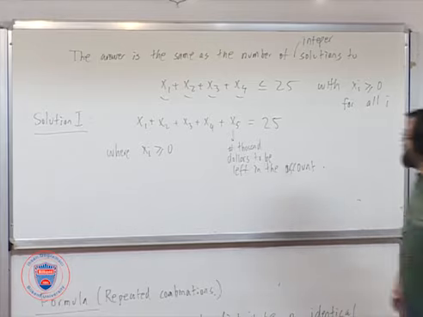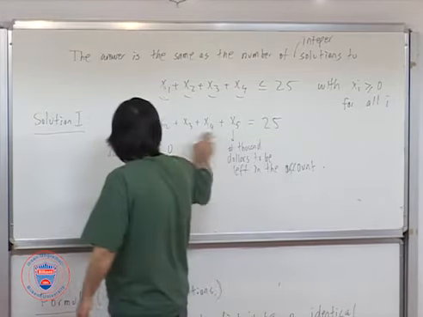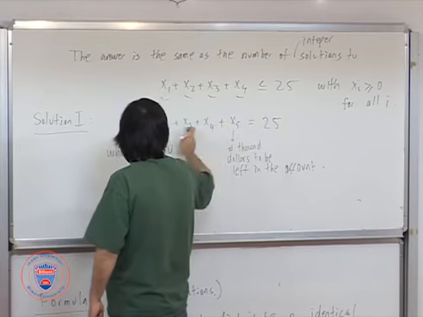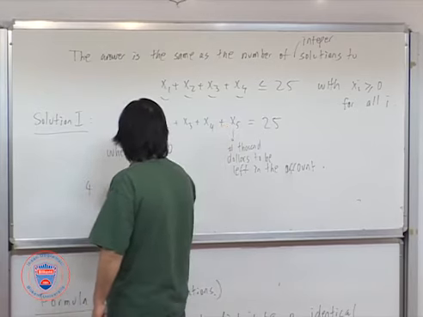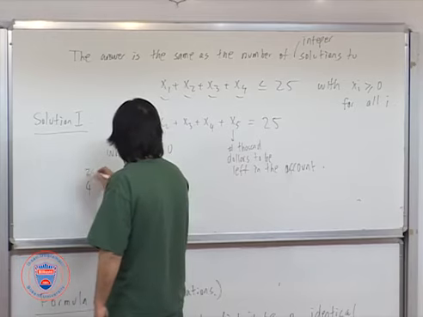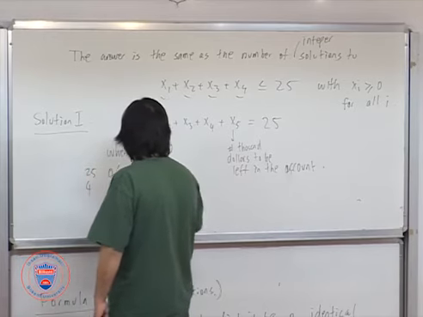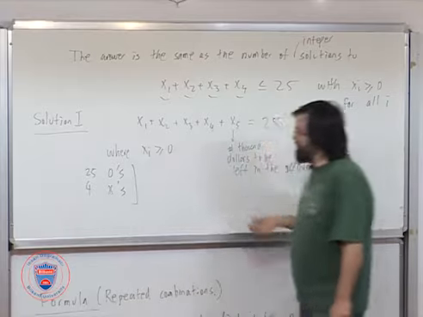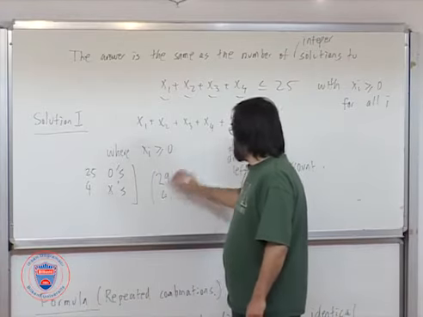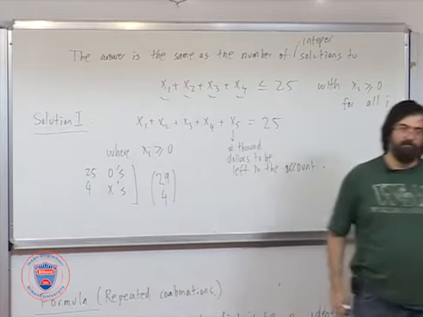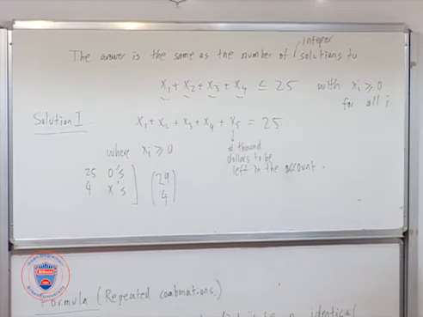So we have like 5 places, so that means 4 x's and 25 zeros. So the answer will be 29 choose 4. So the answer is correct. Thanks.